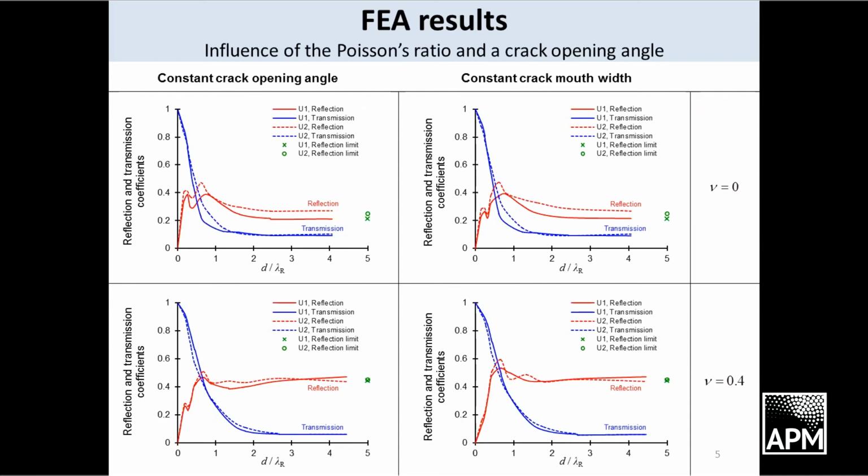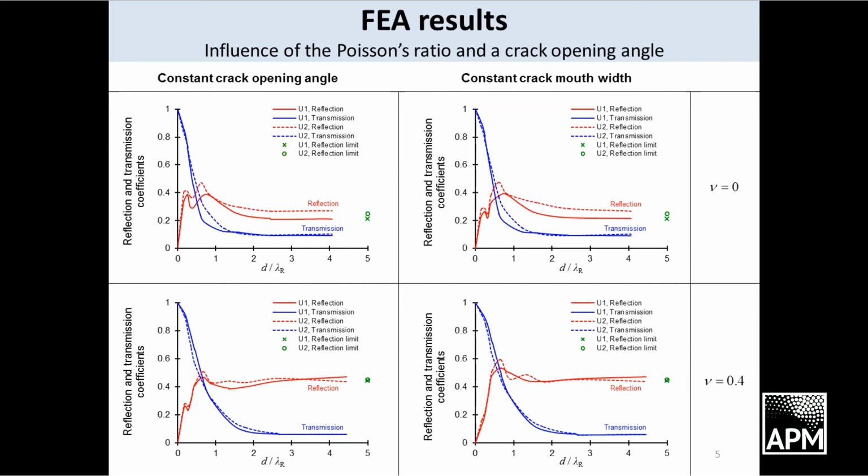I see your question. In both cases, an ideal crack was modeled. The difference is actually in the angle of the crack faces' inclination relative to the free surface. When you fix a crack opening angle, then the angle of inclination of crack faces is constant under different crack depth.